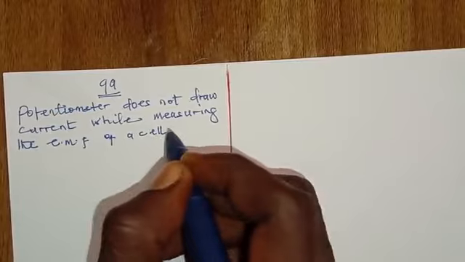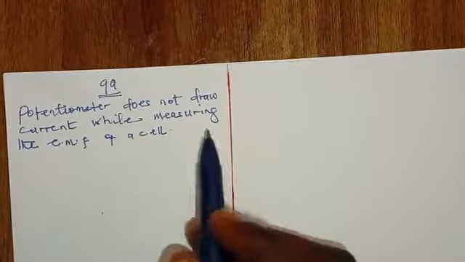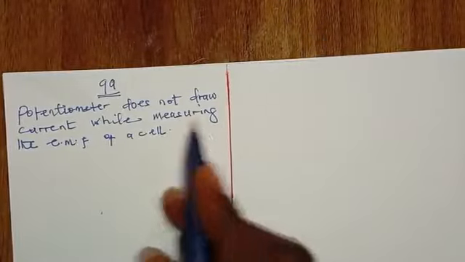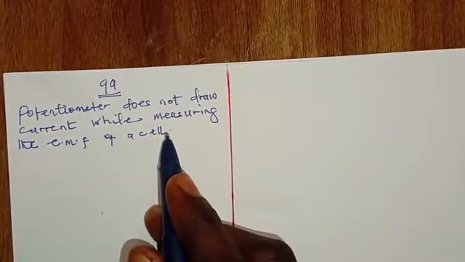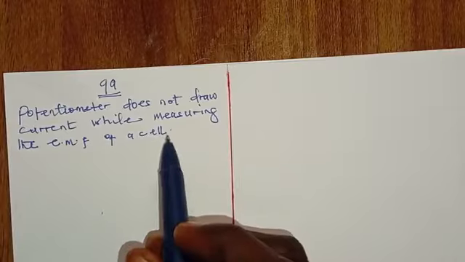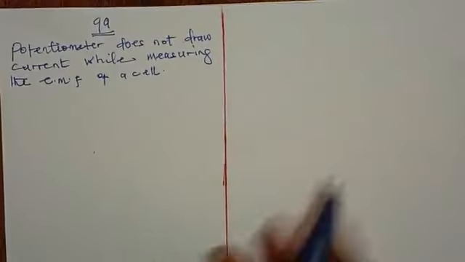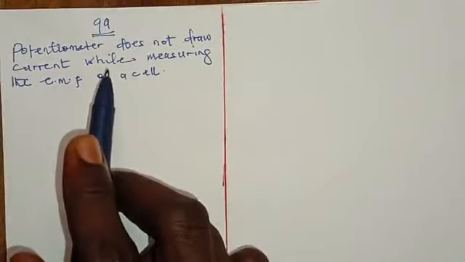Is that understood? So in the case of voltmeter, it draws current in the course of measuring the EMF of a cell. So this potentiometer measures the actual value of the EMF compared to voltmeter. I hope this is understood. So that is about question 9a.